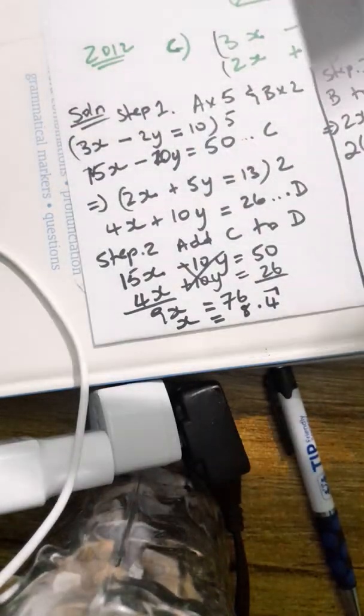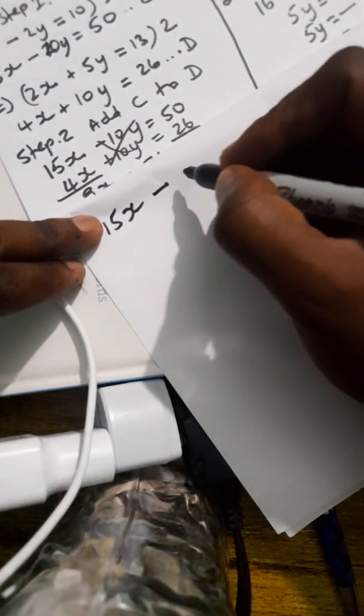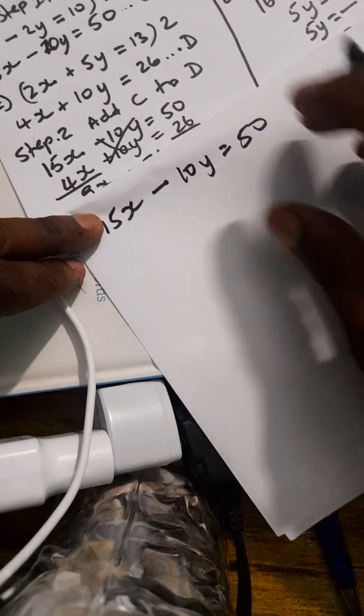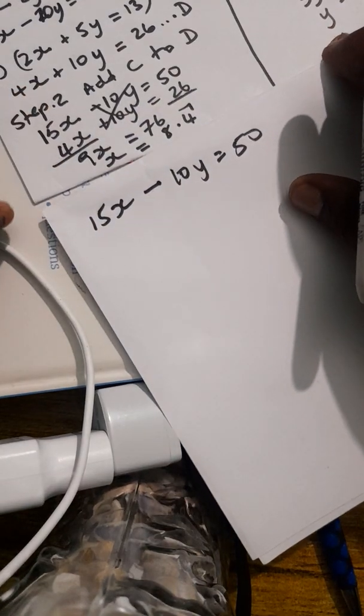Alright, so let us start all over again. This is supposed to be 15x minus 10y equals 50. So what we're doing is adding C to D, right? So you see where I went wrong? Maybe it was the button that couldn't stop me, understand?